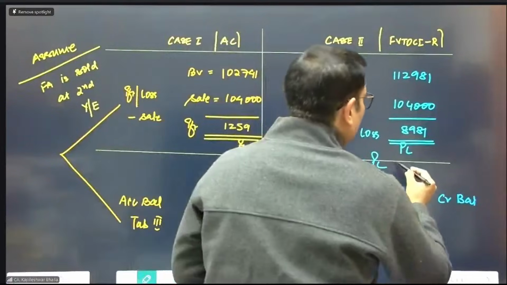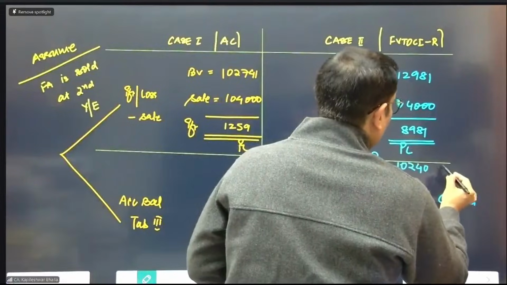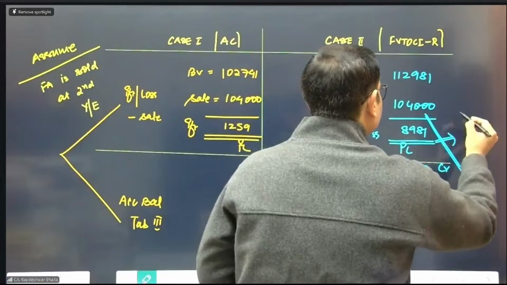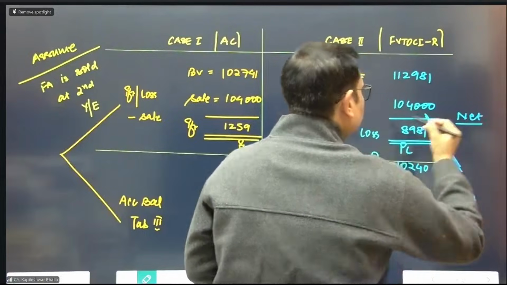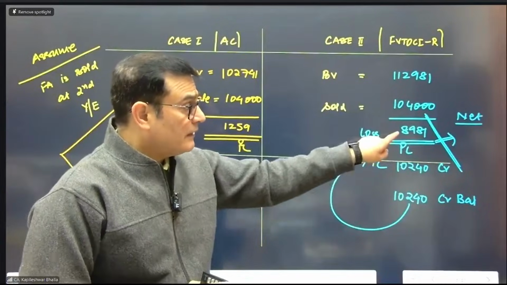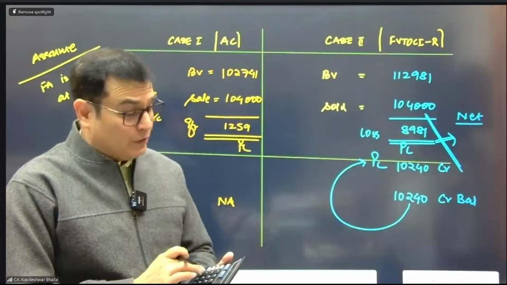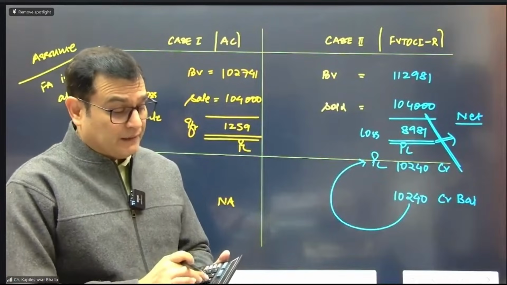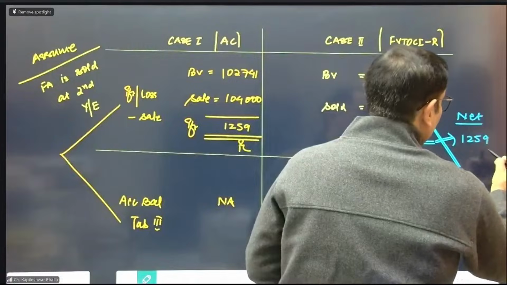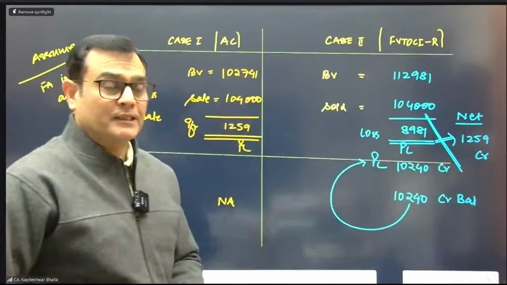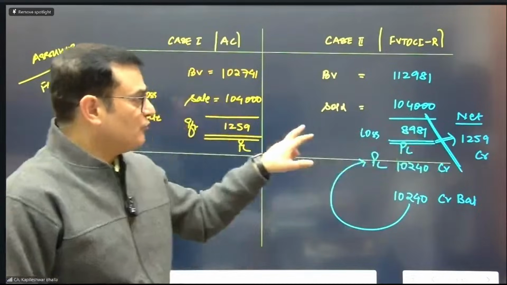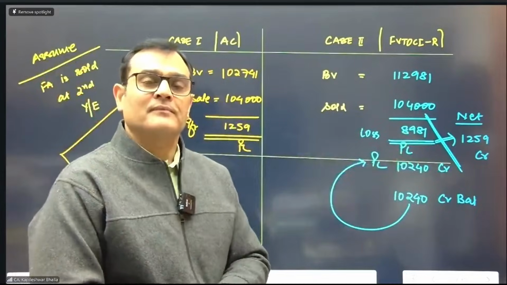So this 10,240 also goes to the P&L on the credit side, and the loss is a debit in the P&L. So 10,240 minus 8,981, the net credit is 1,259. And you can see it matches exactly with the figure of 1,259 in case 1.